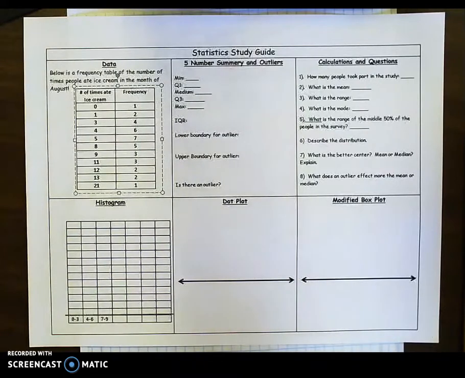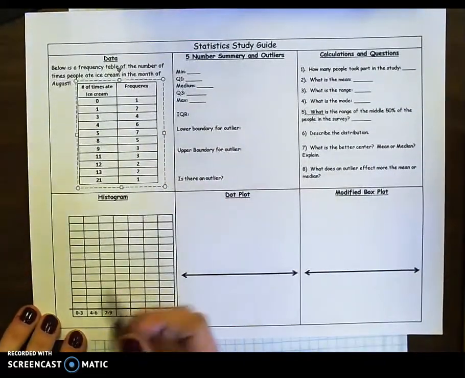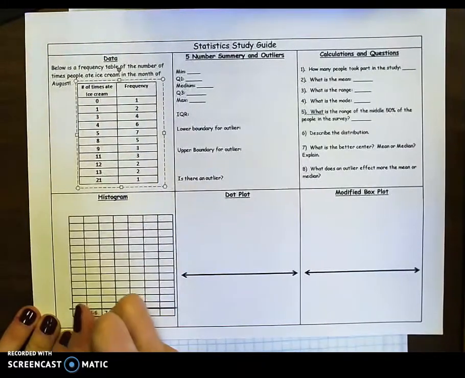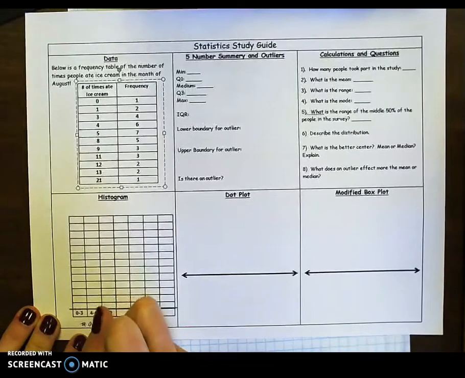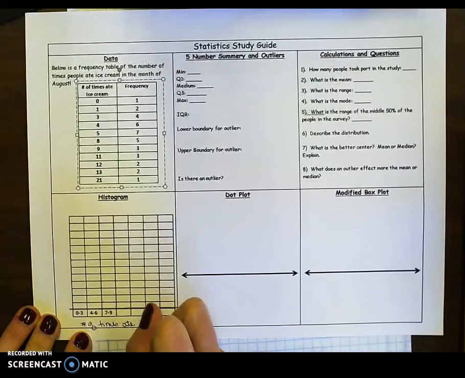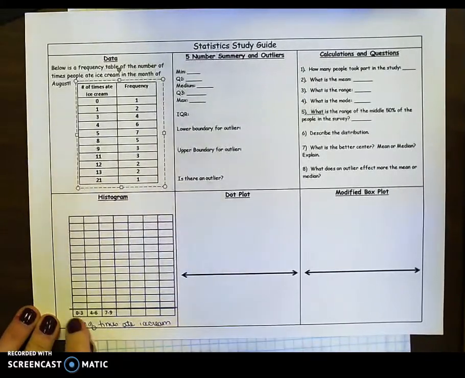So the first thing that we're going to do is use this data to create a histogram. All right, so for our histograms, along the x-axis, these are going to be your intervals for your x values, or in other words, these are going to be the number of times we ate ice cream. And we're just going to keep the intervals, they started them for us, so we're just going to keep going. So it looks like they're intervals of 3.